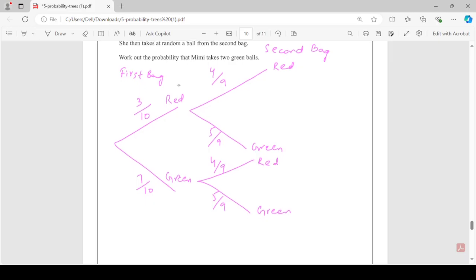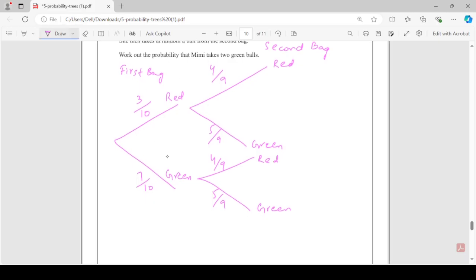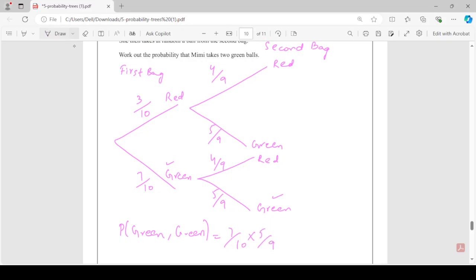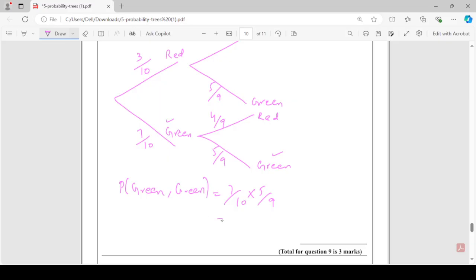Work out the probability that she takes 2 green balls. Green and green. Seven times 5 is 35. 9 times 10 is 90.